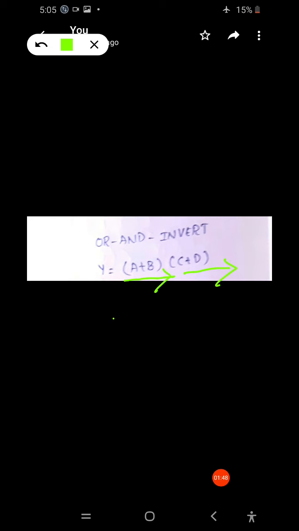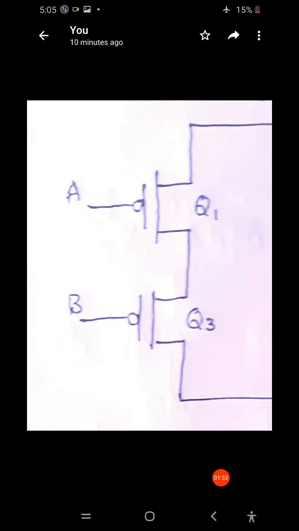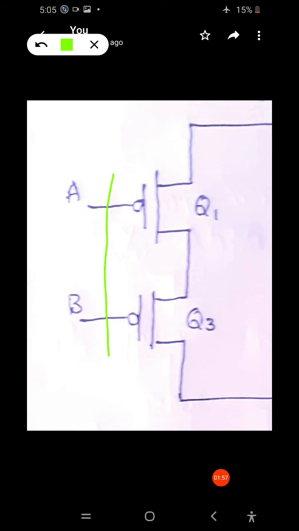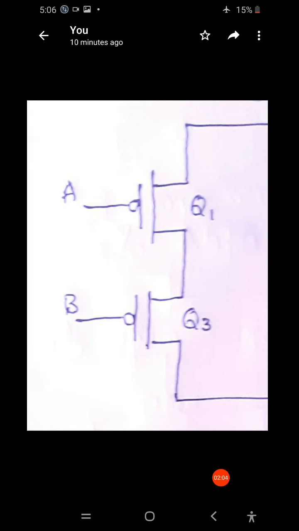Now let's see that. See the first one, A plus B, right? Here A and B are connected in series. These are PMOS transistors, so PMOS transistors should be connected in series. This is for AB. And in the next slide, C and D are also connected in series. These are also PMOS transistors. So for OR operation, the PMOS transistors should be connected in series, and NMOS transistors should be connected in parallel.